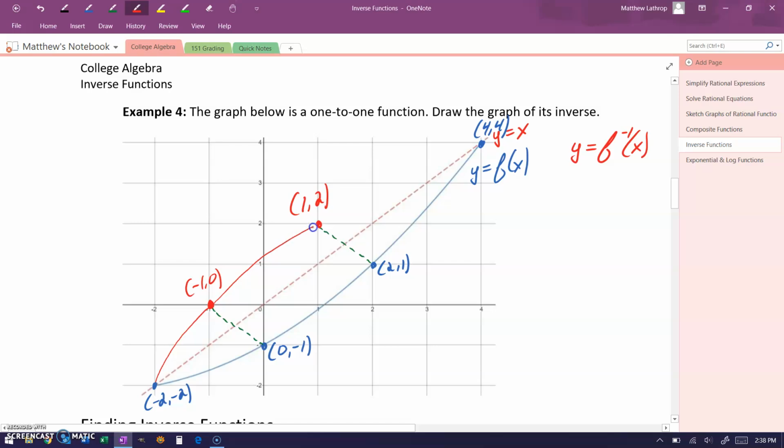Someone who drew a little bit better would get a better picture here. But essentially what we have is that same curve, and what it should look like is its perfect reflection across that line y equals x. What we can notice is when we flip those points across that line of reflection, what we're doing is essentially flipping each of those xy coordinate pairs.